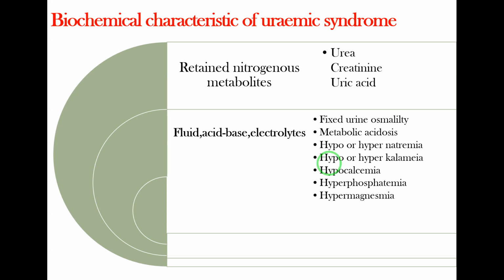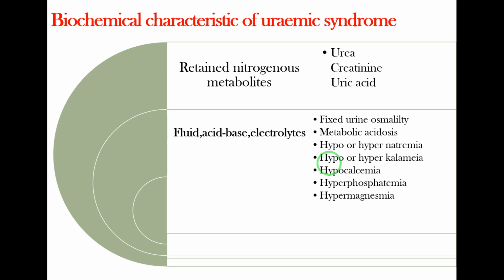Normally, the urine osmolality must change according to the hydration state of the body, and it depends on the concentration ability of the kidney. The reabsorption depends on the osmolality, on the number of solutes present per unit water of the urine. So if there is a decrease in the excretion of sodium, urea, and other analytes, there will be a fixed urine osmolality or even a low urine osmolality.